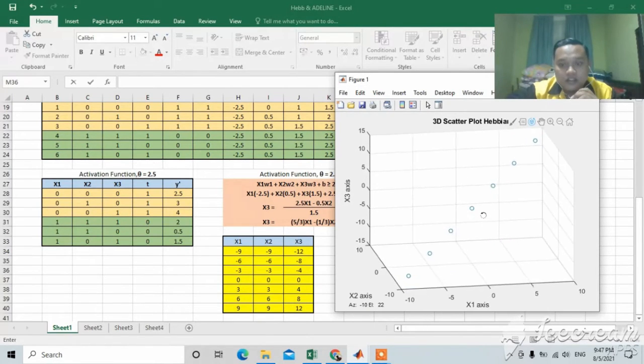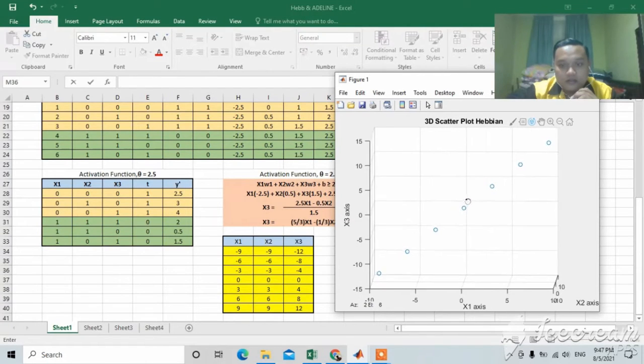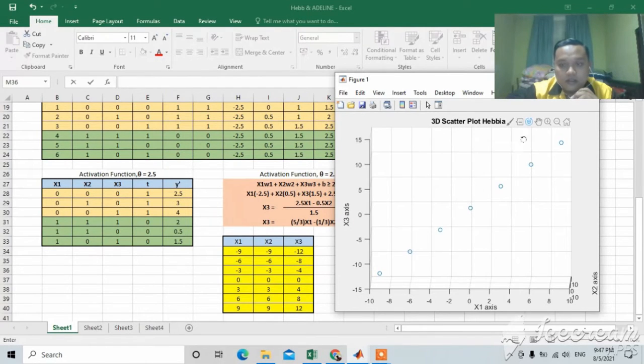This is the linear line that we've got for the proven. We just add right here. So we can see the dot right here, x is referred to x1, y is referred to x2, and z is referred to x3. Negative 9, negative 9, negative 12.